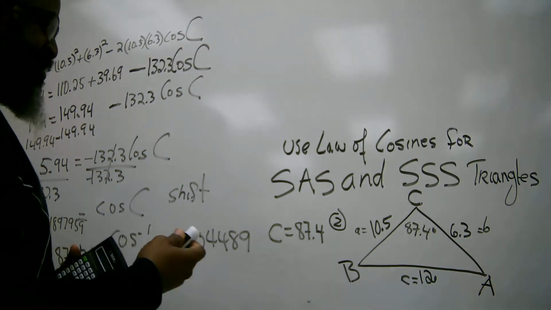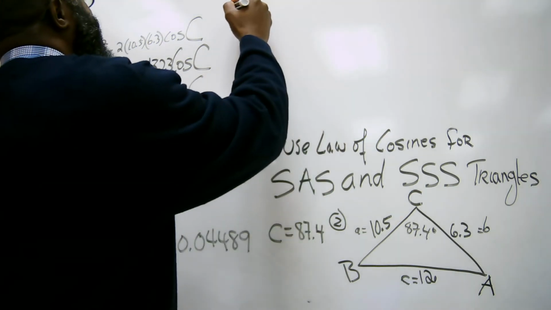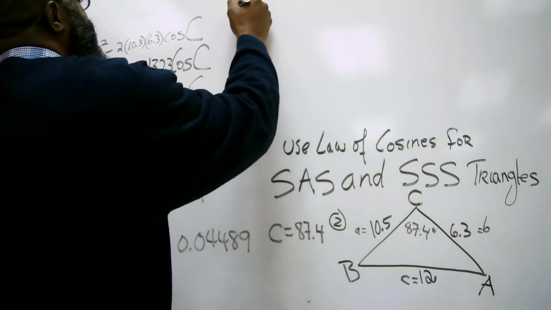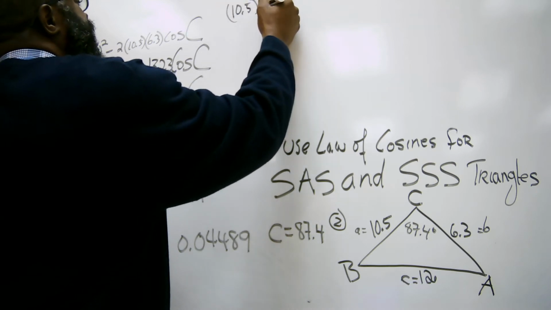Then I will have A squared. In this case, A squared will be 10.5 squared, and those numbers are already there. I do not erase them.